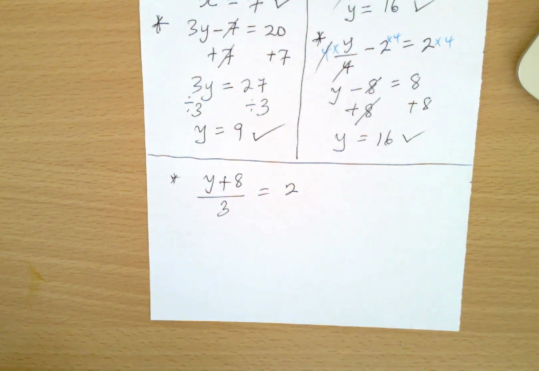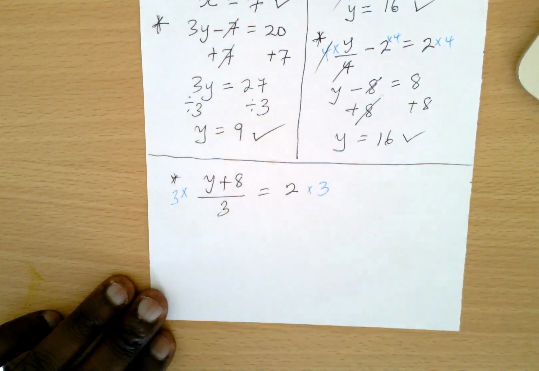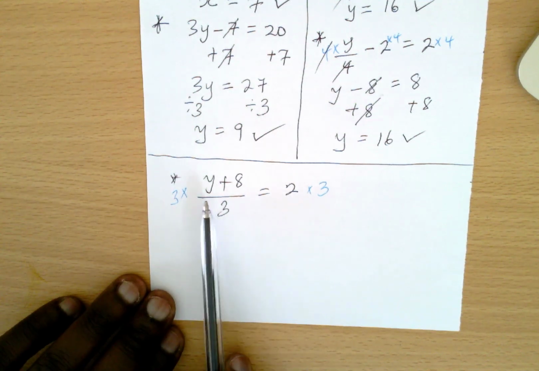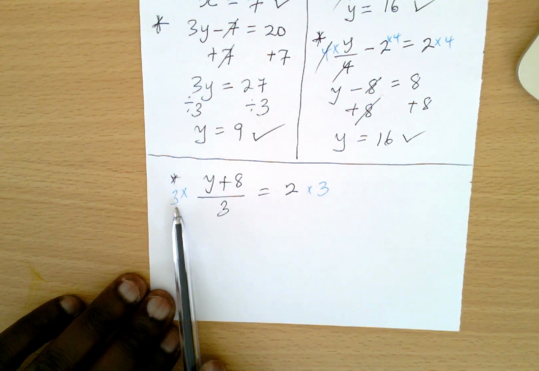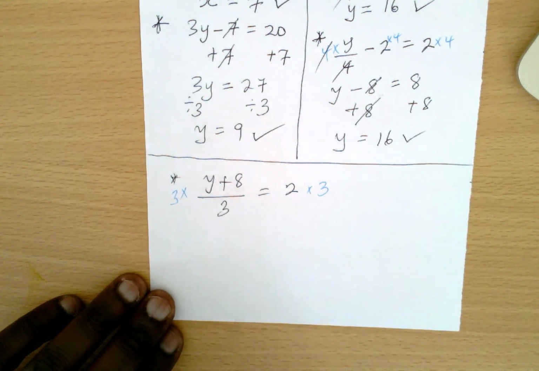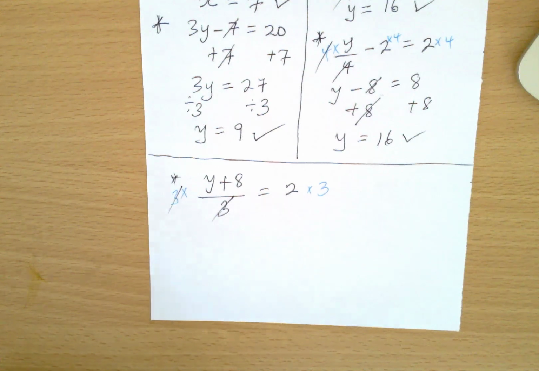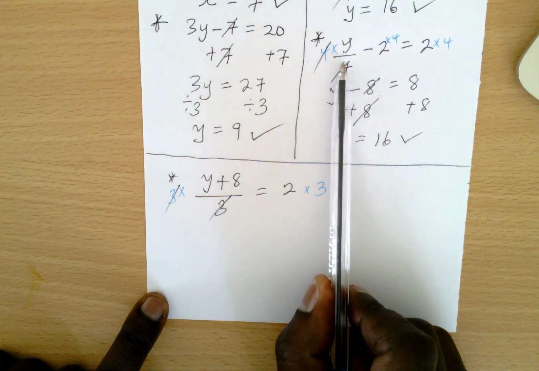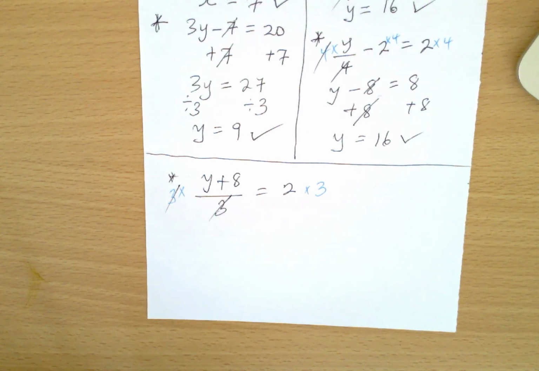Now, what I would do, first method, is multiply both sides by 3. Here we can easily multiply the whole side, because it's the whole of y plus 8 divided by 3. Multiply the left-hand side by 3 and the right-hand side by 3. This can now cancel out. Okay? This is different from the previous one where we had to multiply every term by 4.